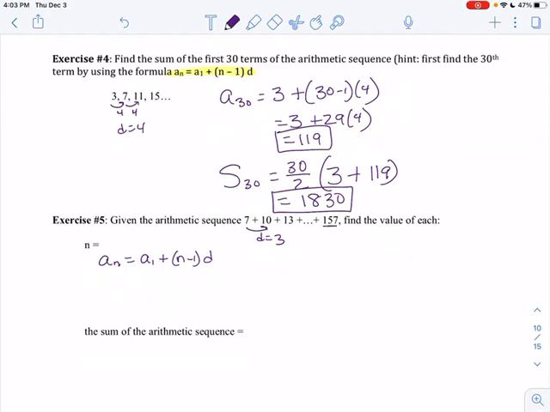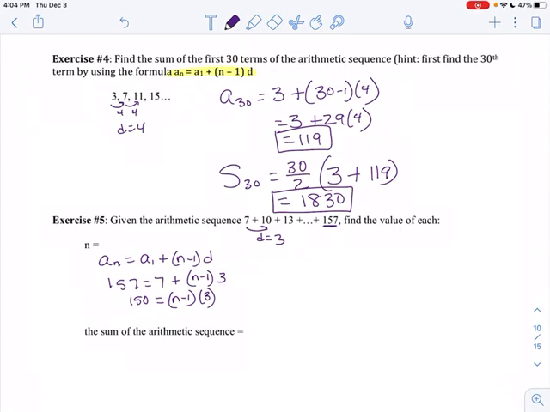All right, so I'm going to plug this all in. I know the value of the last term is 157. I know the first term is 7. n minus 1, I don't know what n is, so that's going to stay n minus 1. And my common difference is 3. So now I'm going to subtract 7, and I get 150.